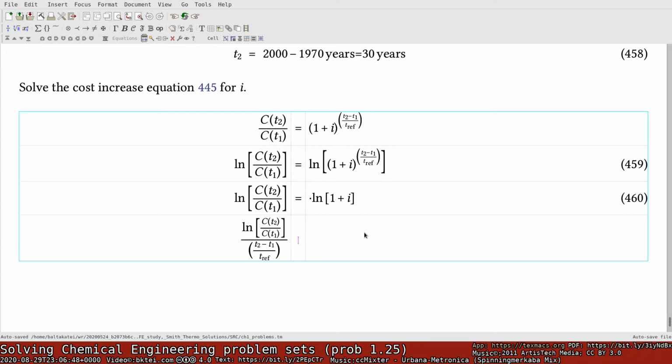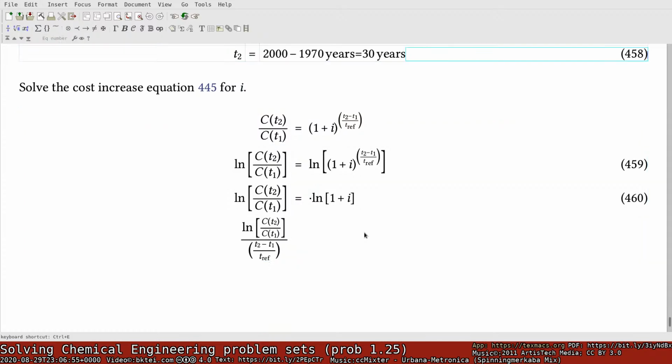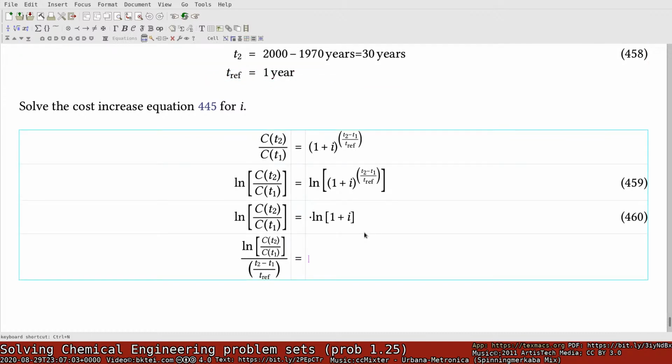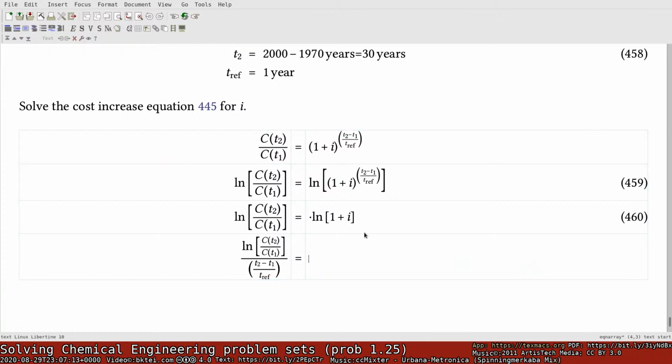Yeah, divide that by that. I could do the reciprocal and do some weird thing. Oh, I gotta put time ref in here, don't I? Yeah, time underscore ref equals 1 year. All right, natural log of, so I guess we need to exponentiate to get rid of the natural log again.